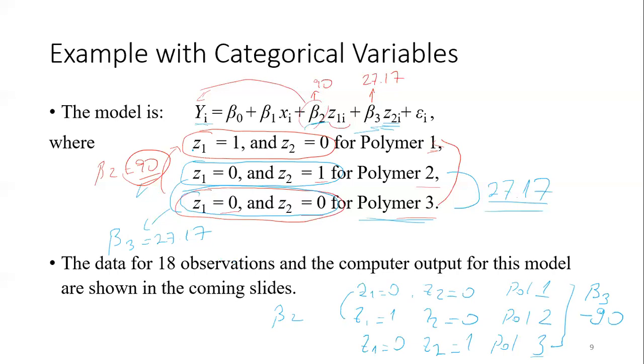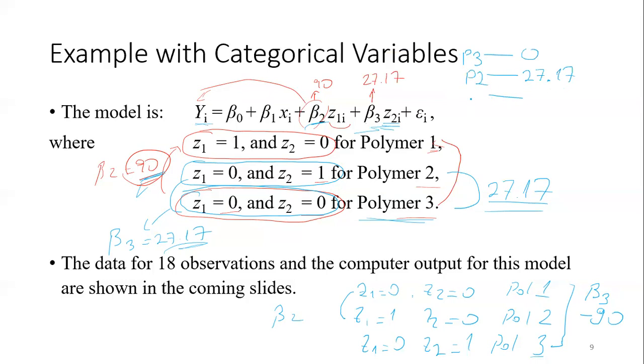Do we know the difference between the first and the second polymer? Well, we do not, but we can extract it from the values of 90 and 27. The basis is polymer 3, which is, let's say, 0. If you add polymer 2, you will have an additional value of 27.17.